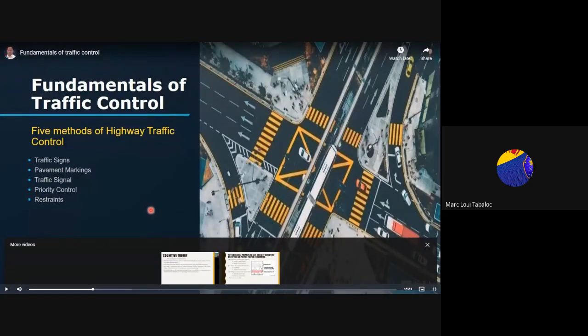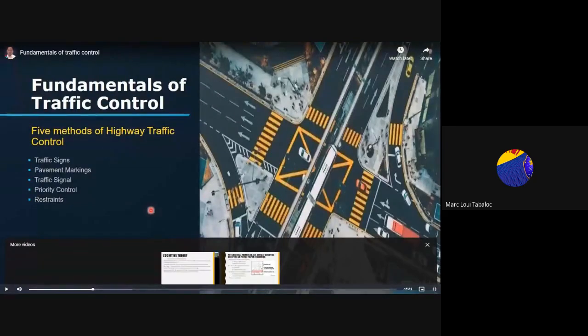And of course, traffic control is not complete without rules and regulations set for safety, not just for the passengers but also for the operators, the drivers, and the management personnel, those who control and manage the use of those systems.